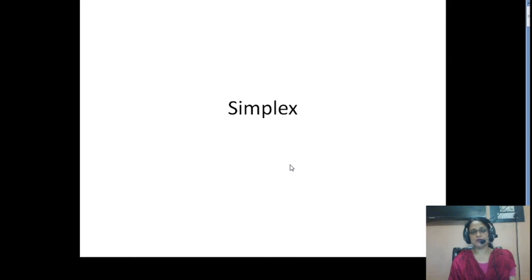So we are not going to explain the process of simplex, because as a manager you are not supposed to do calculations. Rather you have to understand the answers given by those calculations so that you can take the right decision, right? So this is what we are going to do in this entire lecture.